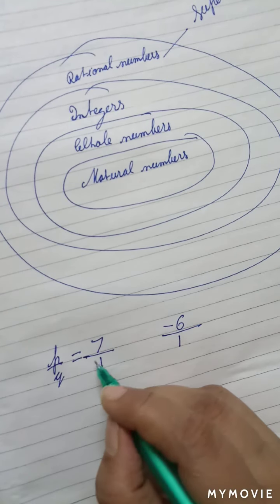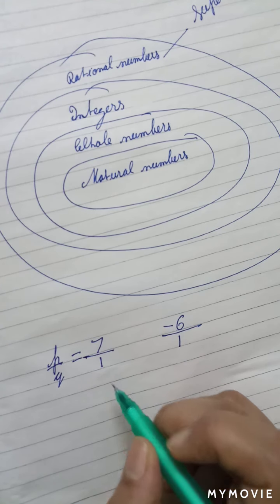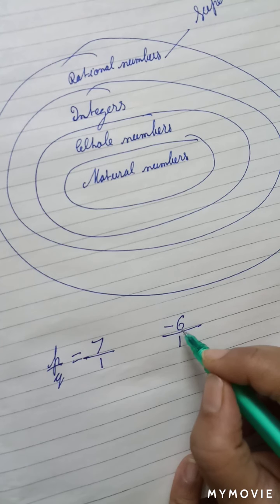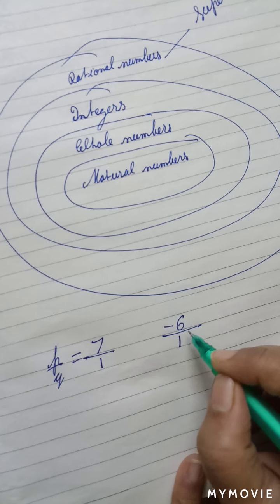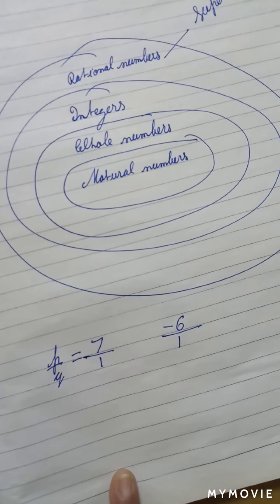For the sake of simplicity, we do not mention 1 in the denominator, but it is there. We took this integer minus 6. We can represent it as minus 6 by 1. So all the natural numbers, whole numbers, and integers can be expressed in the form of rational numbers.